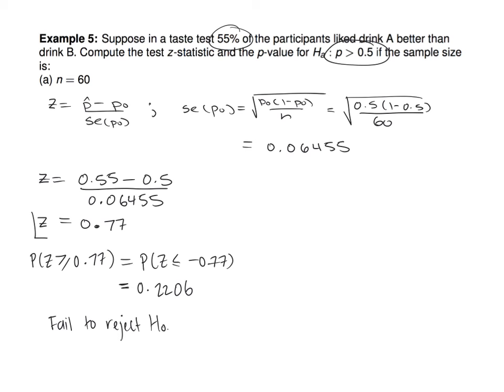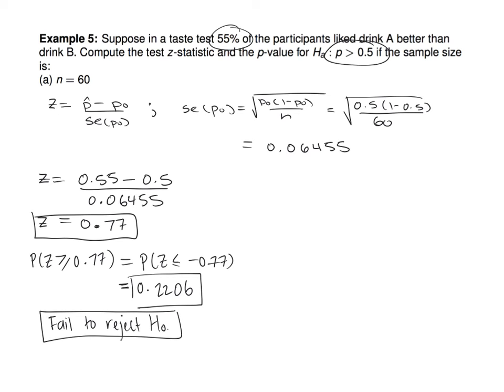All right, so Z value, P value, conclusion. So what this is saying is if you have a drink and the population proportion who support is about 50-50, having a sample where 55% like one drink better than the other is not going to be all that strange.